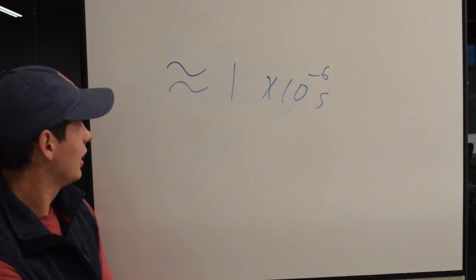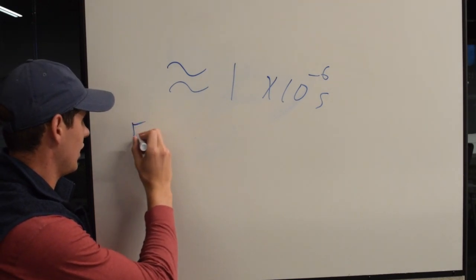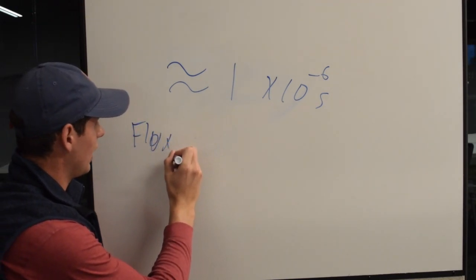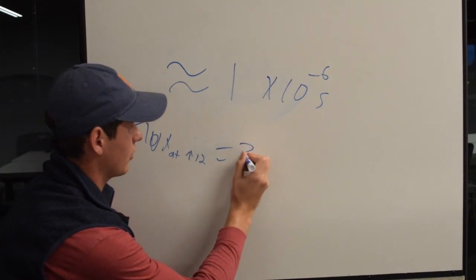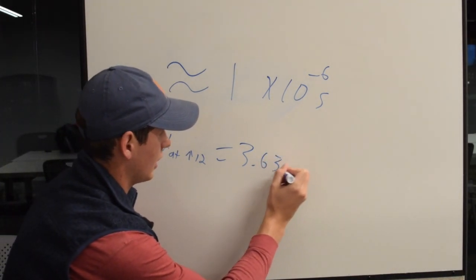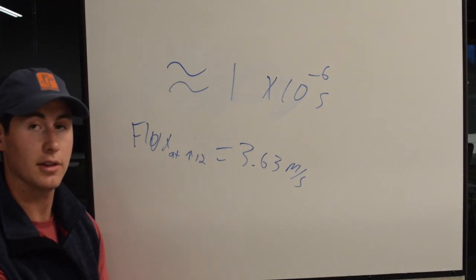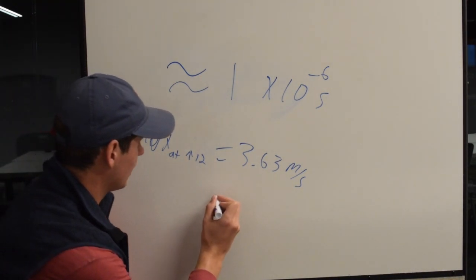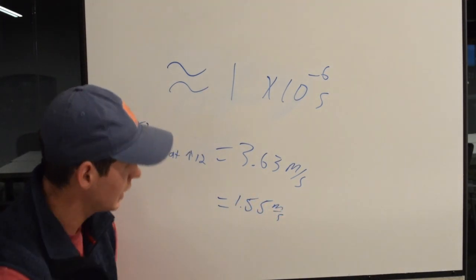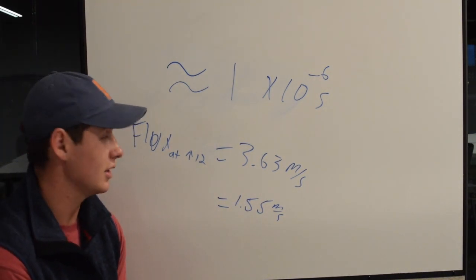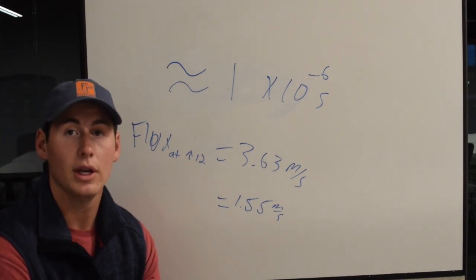With this, we found that the flux at above 12,000 feet to be 3.63 muons per second being detected within our machine, and then at the lower elevation to be 1.55 muons per second.